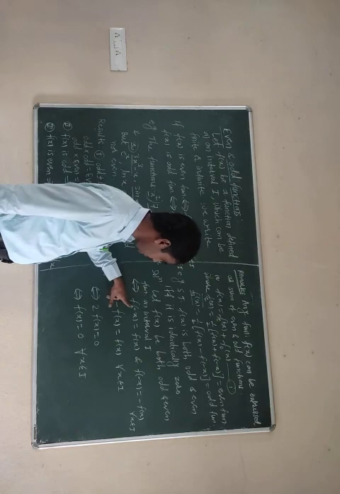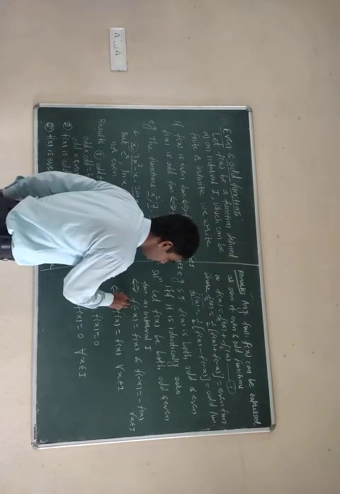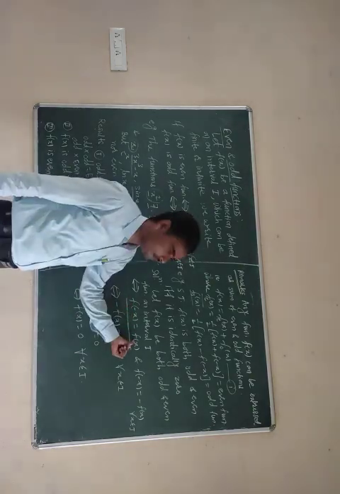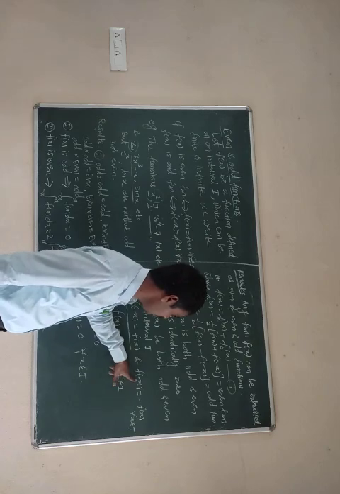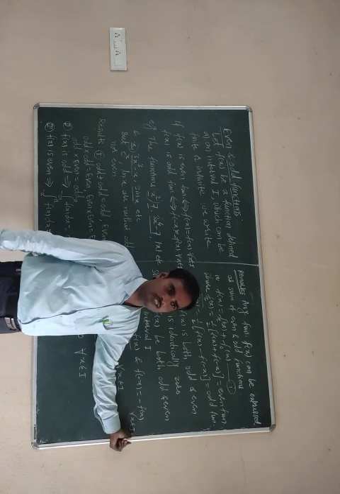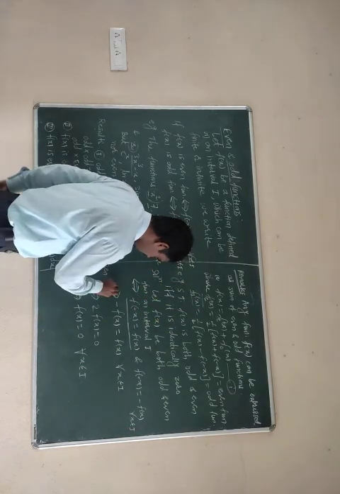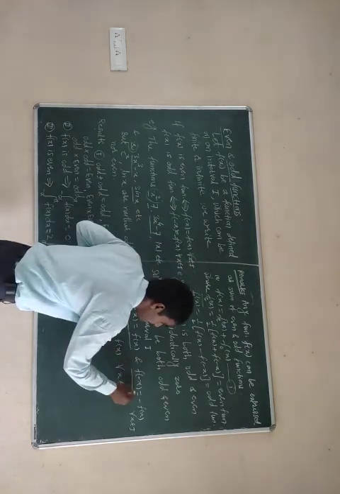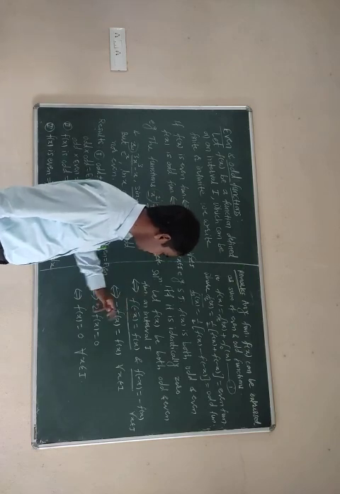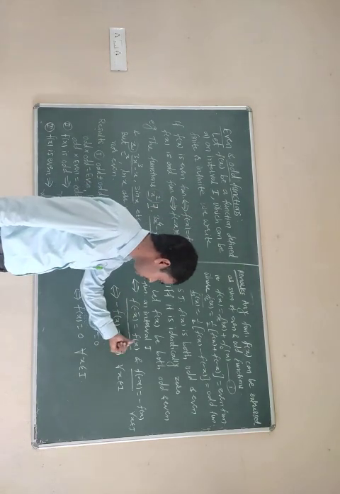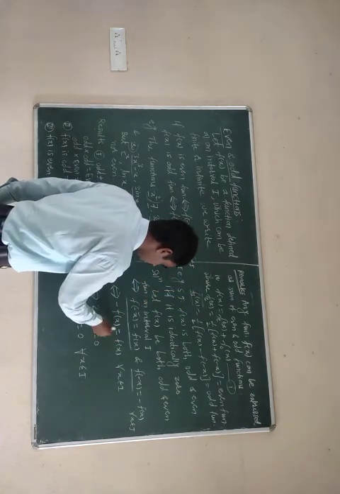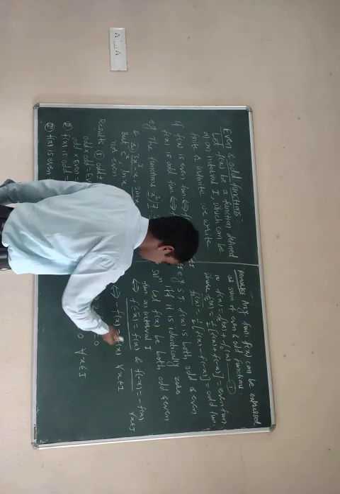It is given that f of x is an even function, so how do we write it? f of minus x equals f of x, and for an odd function, f of minus x equals minus f of x, for all x belonging to I. We know that f of minus x equals minus f of x, so replacing f of minus x, minus of f of x equals f of x for all x belonging to I. Then we take minus f of x to one side.